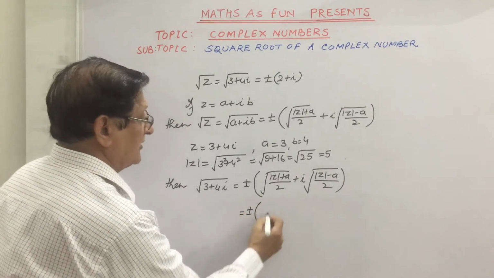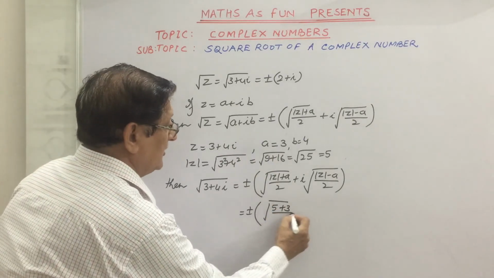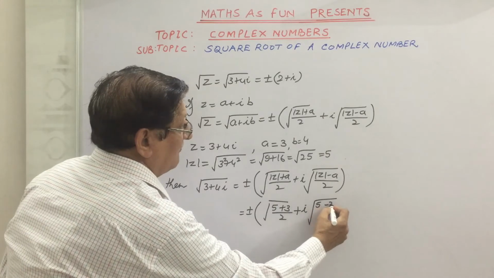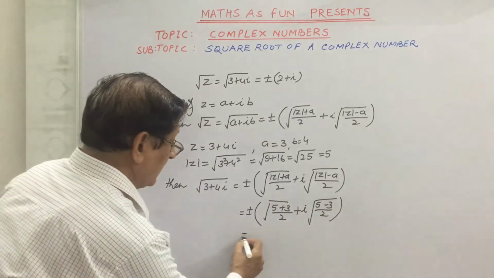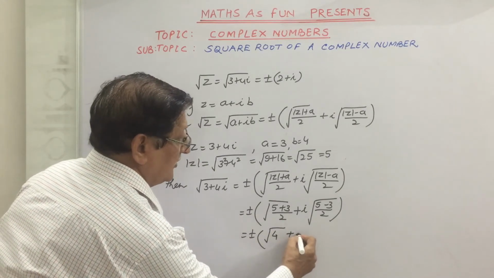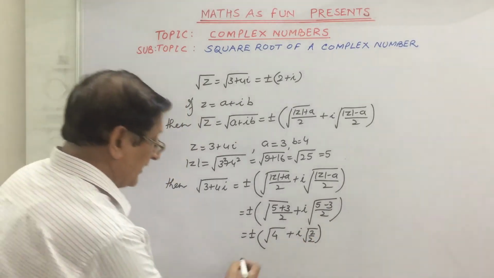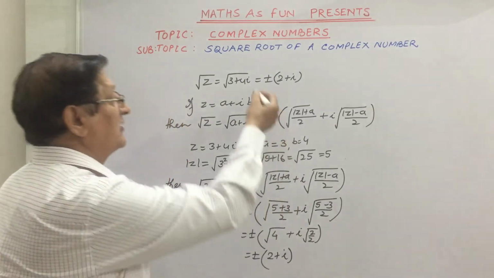This is plus minus root of (5 plus 3) upon 2 plus iota root of (5 minus 3) upon 2. Now we calculate: it is root of 8 by 2, that is 4, plus iota root of 2 by 2, that is plus minus 2 plus iota. We are getting the same answer.